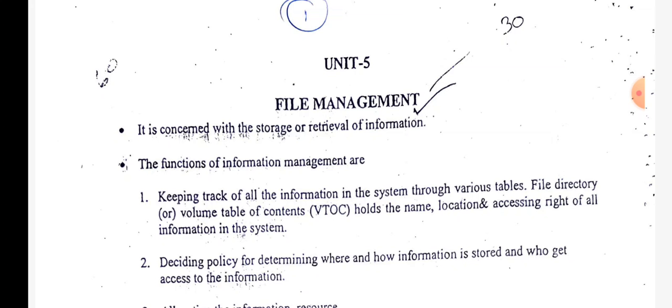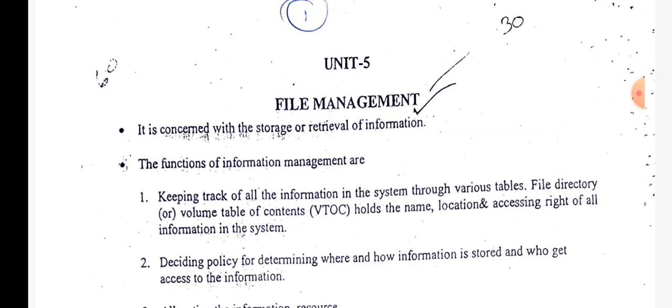These are the memory management module, device management module, information management module, and processor management module. These 4 modules of the operating system perform memory management operations, processor management operations, device management operations, and information management.